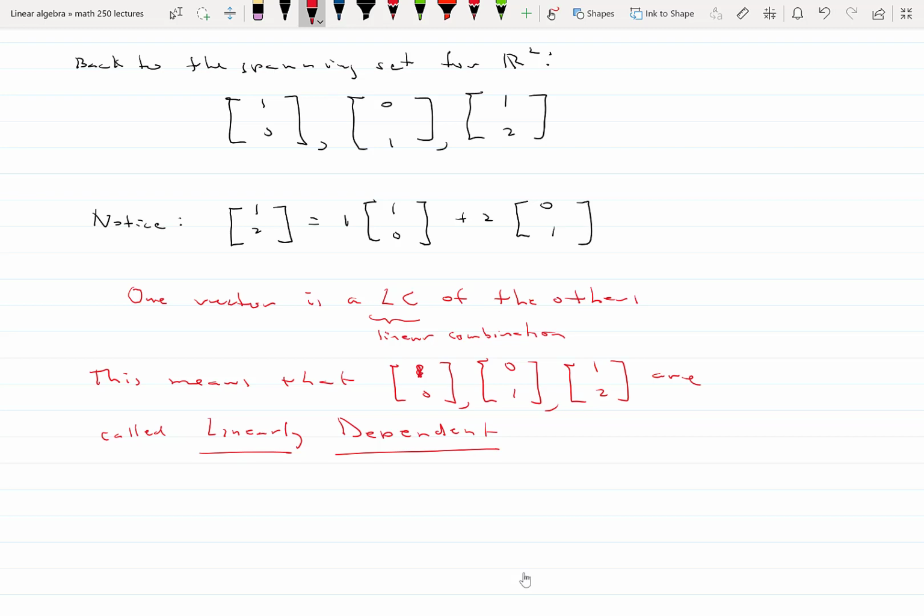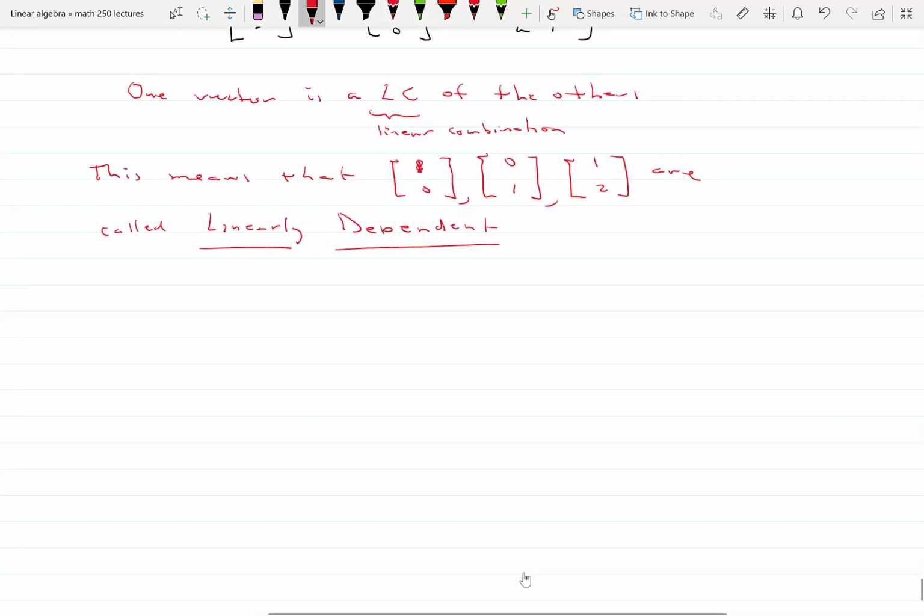Now, why would I bring this up? I've got one vector as a linear combination of the others, and I say this means that the three vectors are connected to each other in this way that's called linear dependence. This says that the three vectors are linearly dependent.